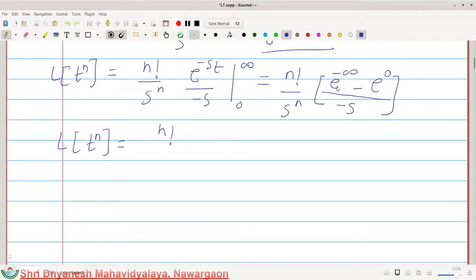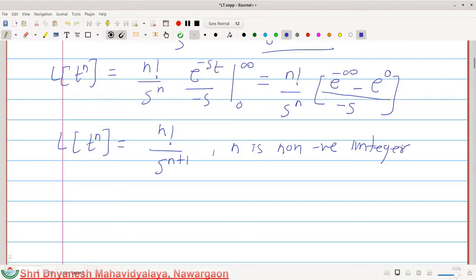See, e to the power minus infinity becomes 0, minus e to the power 0 becomes 1. So 0 minus 1, minus 1, this minus 1 upon minus s will be 1 upon s, and 1 upon s into 1 upon s to the power n, this will be s to the power n plus 1, whenever n is a non-negative integer.